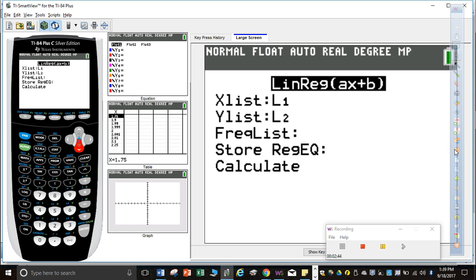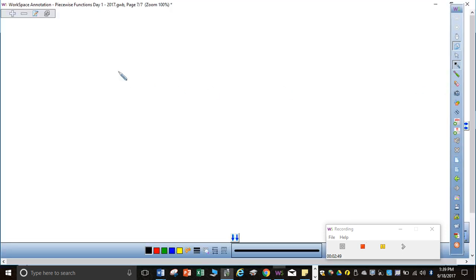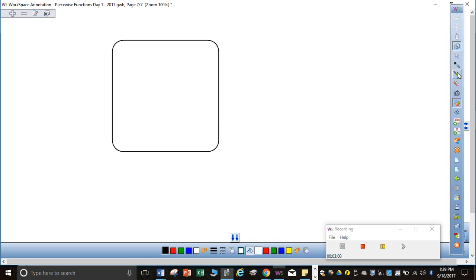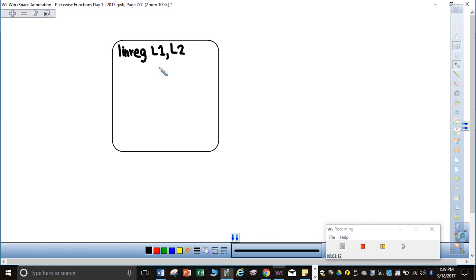Now, if you have the other calculator screen, let me see if I can figure out how to draw a rectangle. Okay, that's more like a square. But if your calculator screen looks like this, as soon as you select LinReg and it brings it up here to the upper left, after LinReg we want to tell it L1, L2, which is the same thing as saying the X values are in L1, the Y values are in L2.